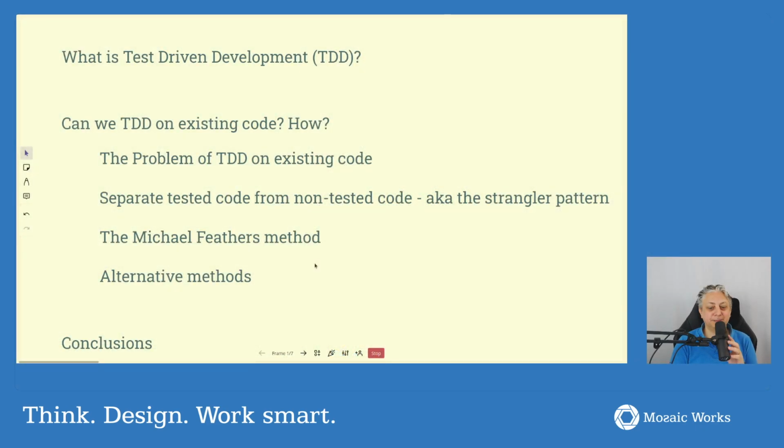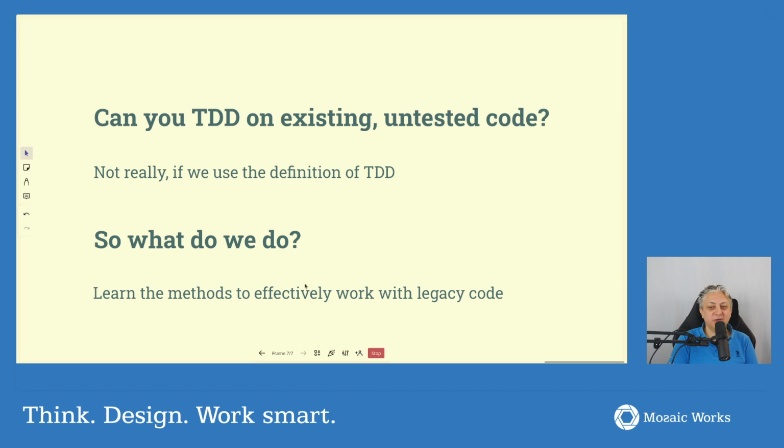Because in reality, if you want to skip to the conclusion, it is pretty simple. Can we use TDD on existing untested code? Not really, because if you use the definition of TDD, for every change you need to have a test, but you need to change existing code in order to fit the tests, especially if it's not tested, and because of this, you cannot do TDD.